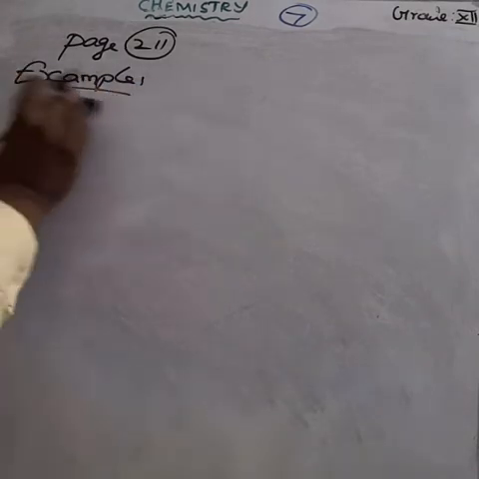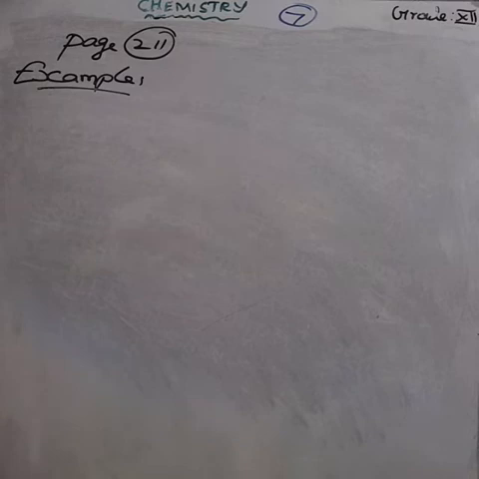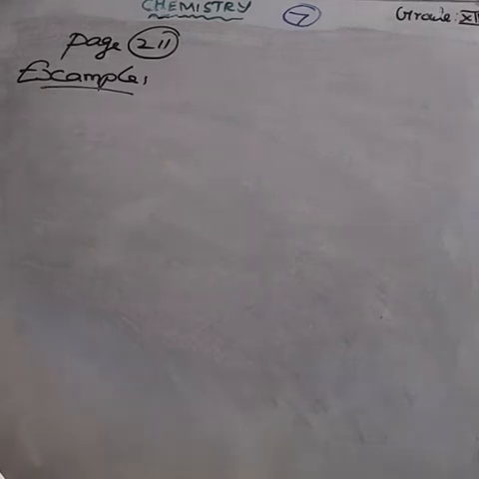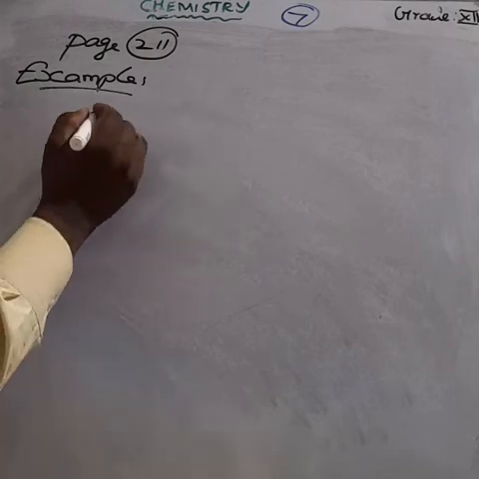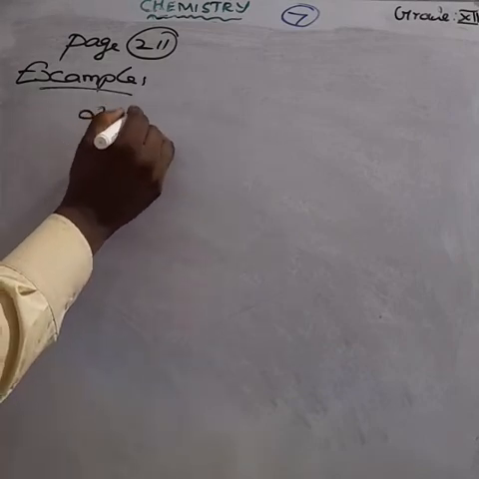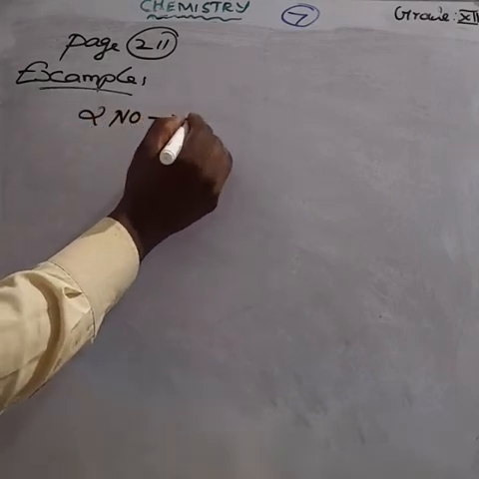First, we have to write the first option, A. We have to write the rate. Already we discussed the rate of the reaction. How will you write it?